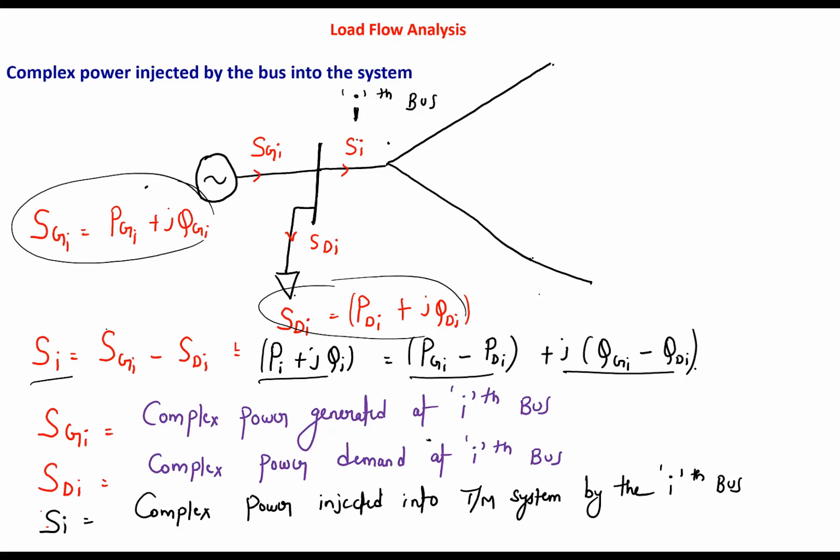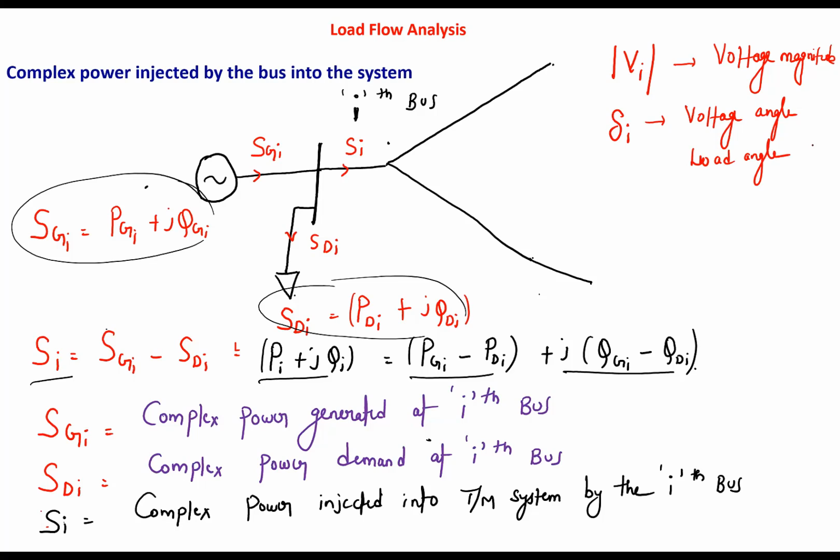Now, at the ith bus, the voltage magnitude is given by mod Vi. The load angle of the ith bus is given by delta i, the voltage angle or load angle at the ith bus. Understand?